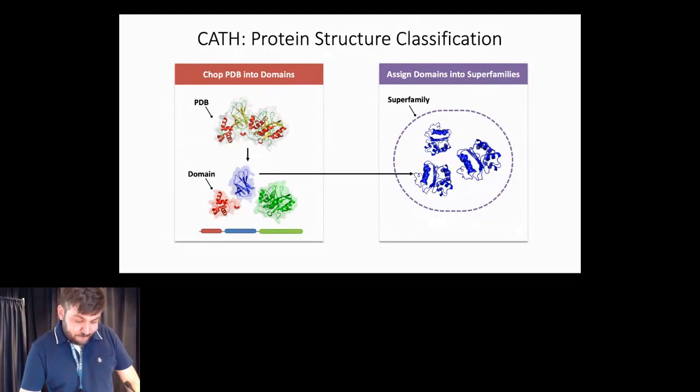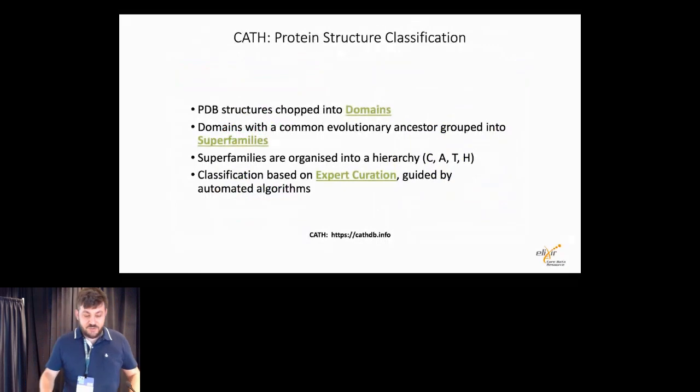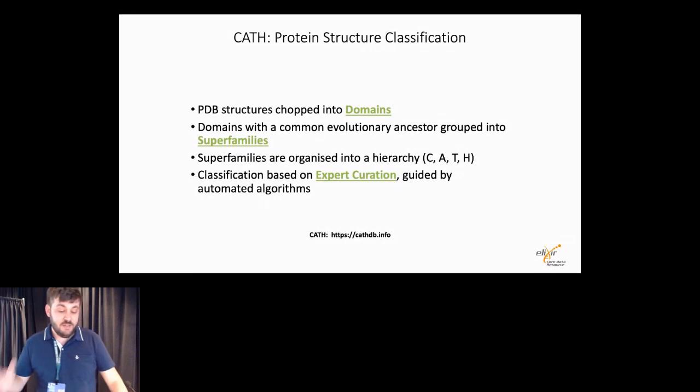This process consists of gathering them into common evolutionary ancestors, and then we classify them into a hierarchy that consists of CATH, hence the name, which is class, architecture, topology, and homology. This classification is made using expert manual curation, which is guided by automated algorithms.